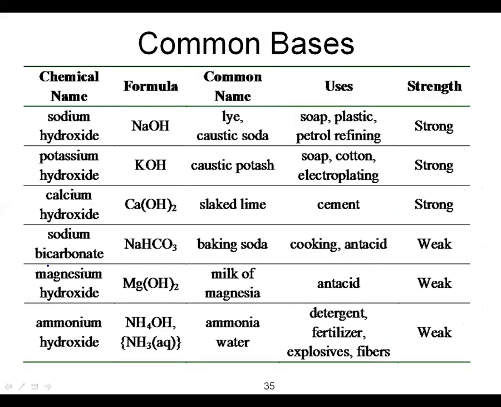Here are some common bases, same idea. Again, you can see a lot of group 1 and group 2, and especially those guys that have hydroxide in them. A lot of those guys that actually do have hydroxide in them are essentially strong bases, while guys that don't necessarily have hydroxide in them are more on your weak side.